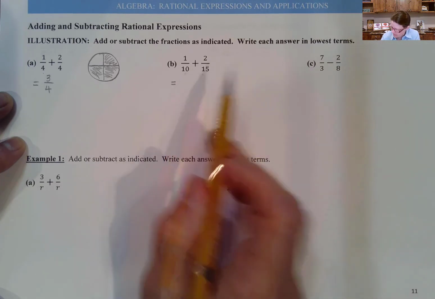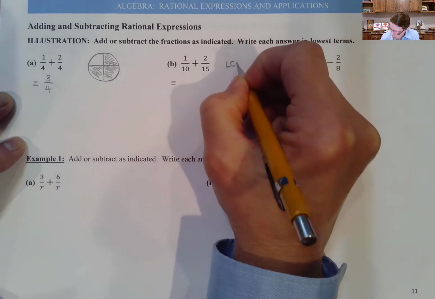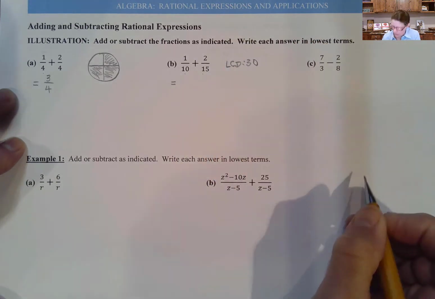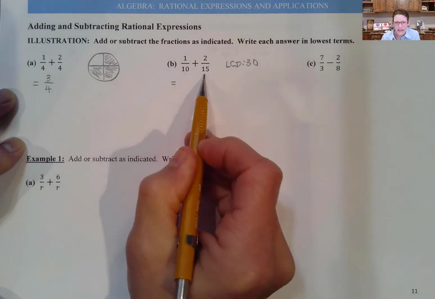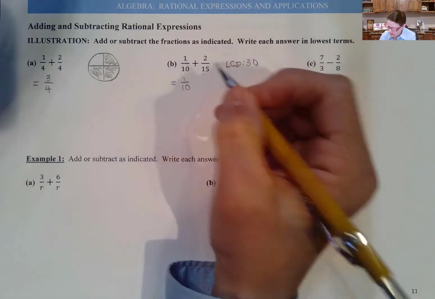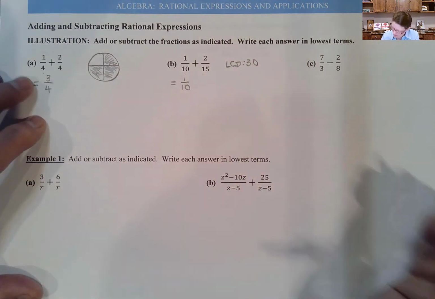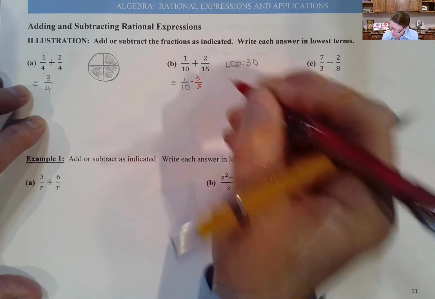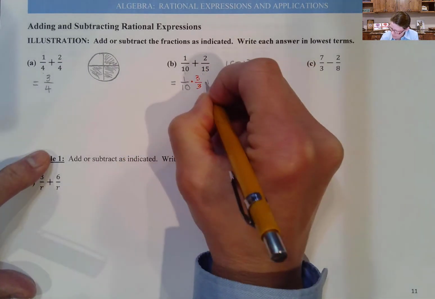Considering 10 and 15, our lowest common denominator is 30. That's the smallest number that is a multiple of both 10 and 15. Let's build up each of these fractions. Multiply 1/10 by 3/3 to obtain 30 in the denominator.